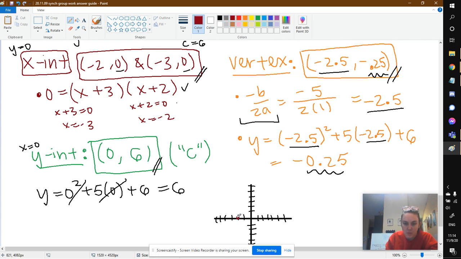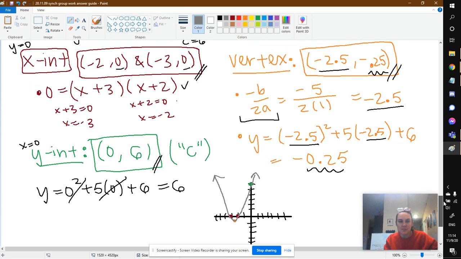So -2 and -3, +6, and -2, -1/4, so something like this. We'd plot these 4 points and then connect the dots, making sure to use this kind of U shape. This is worse than I want it to be, but that's how it is, right? And that's how you graph quadratics.